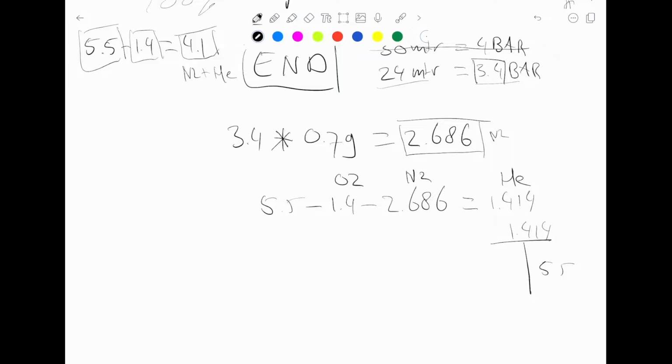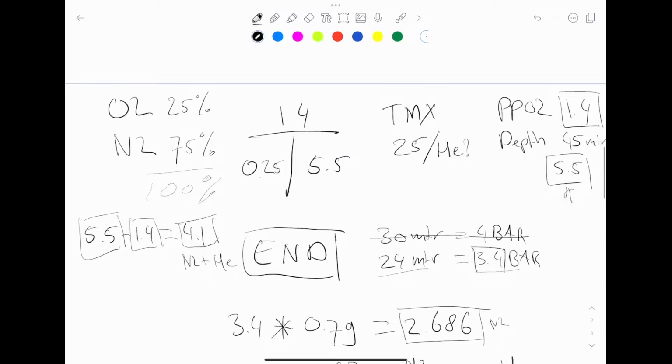And I can do the same thing for nitrogen: 2.686 over 5.5. And the one for oxygen we already knew, 1.4 over 5.5. This one was 25 because we already calculated it.